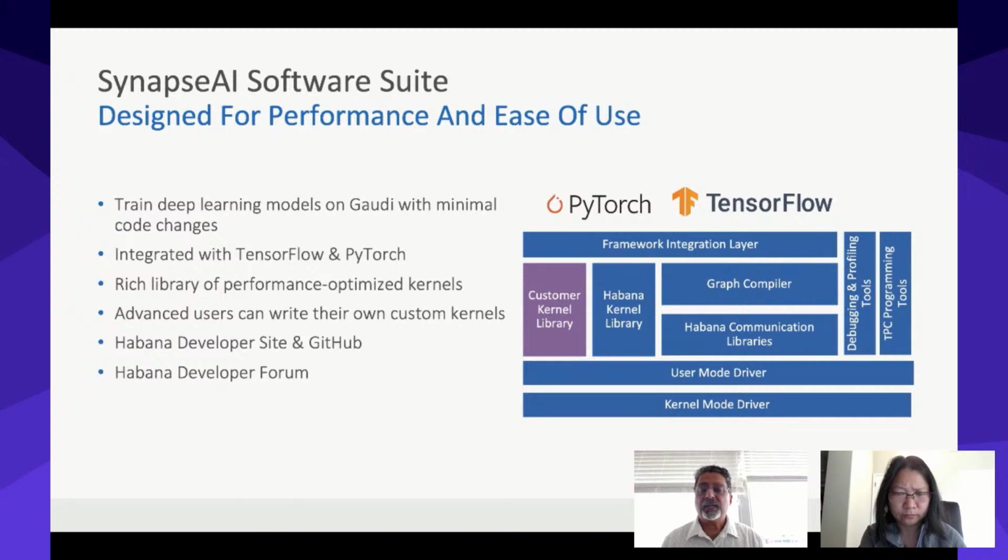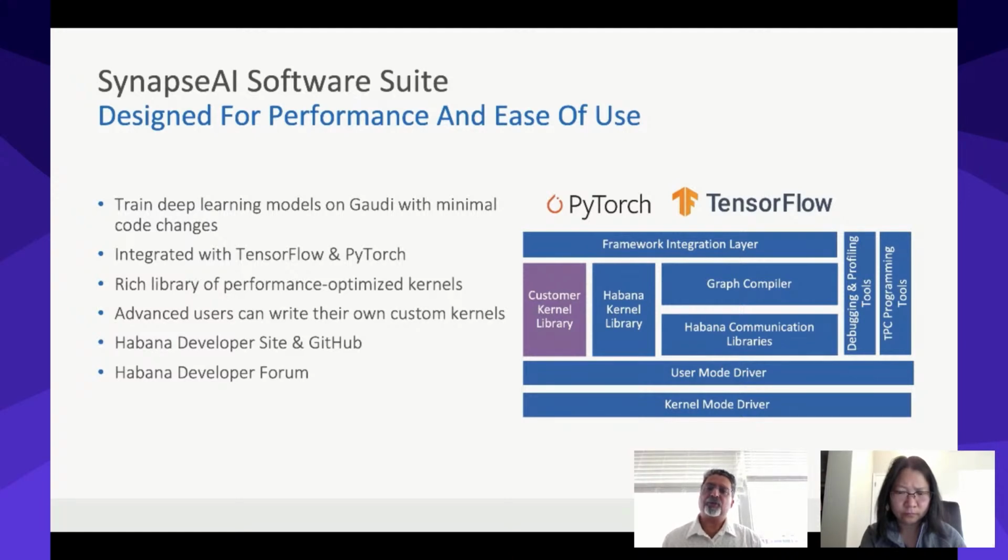Now, what we have done is taken nearly 40 models that are very, very popular within the industry, mostly focused on natural language processing and computer vision. And Habana has prepared an open source repository of all of those models. And there you can see how we've made certain small changes to the upstream model just to get it running on Gaudi.